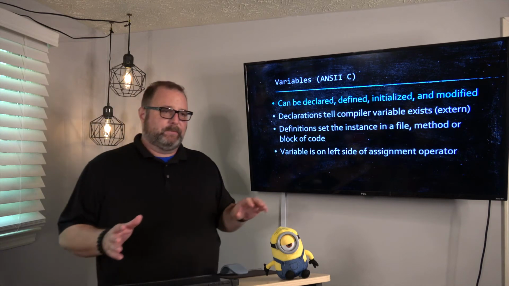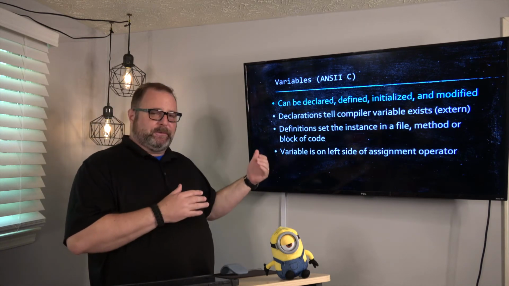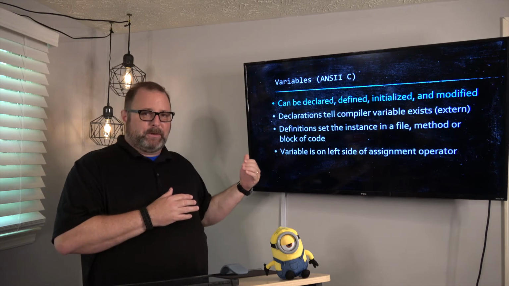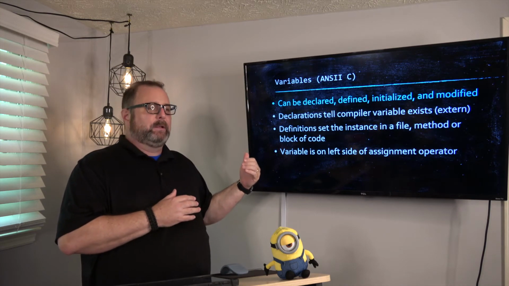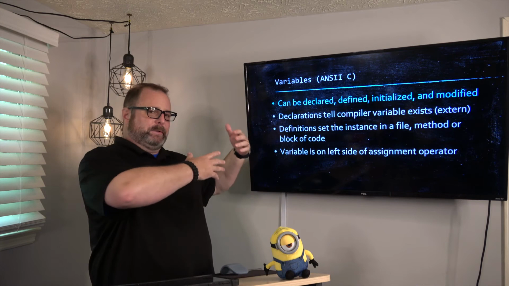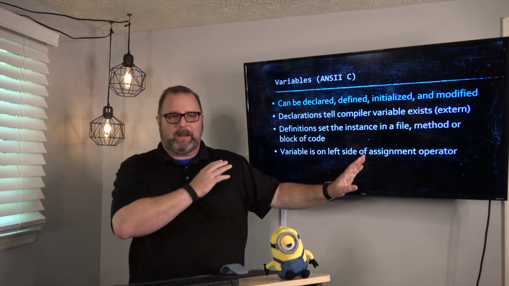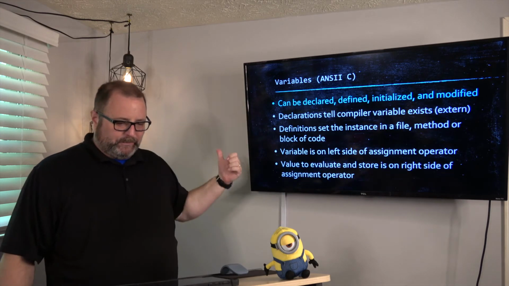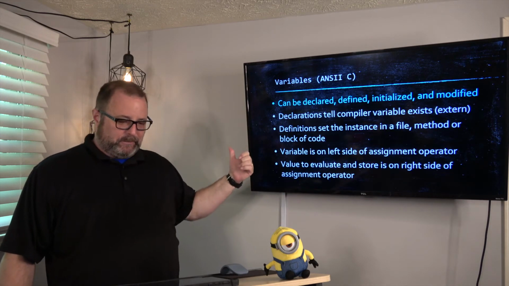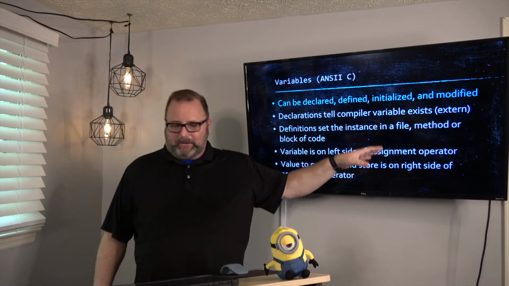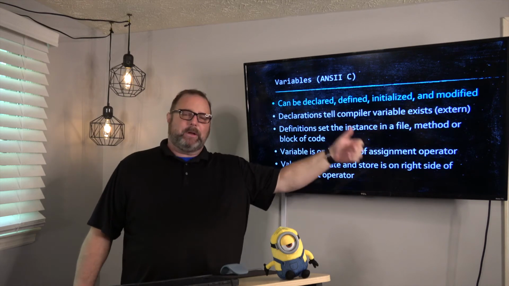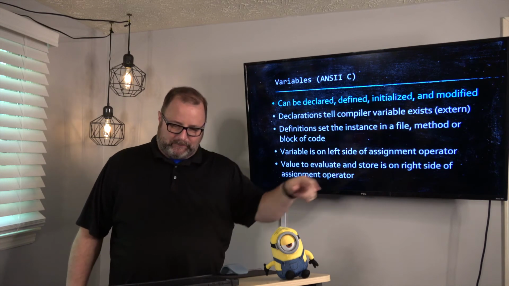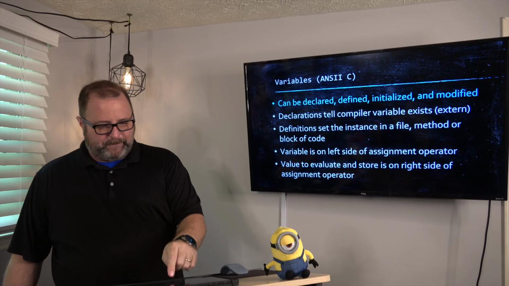The variable is on the left side of the assignment operator. There's the left-hand side and there's the right-hand side, and in the middle is the assignment operator. The variable goes on the left. That's the storage location. And the value that we're going to calculate to put in that is on the right-hand side.